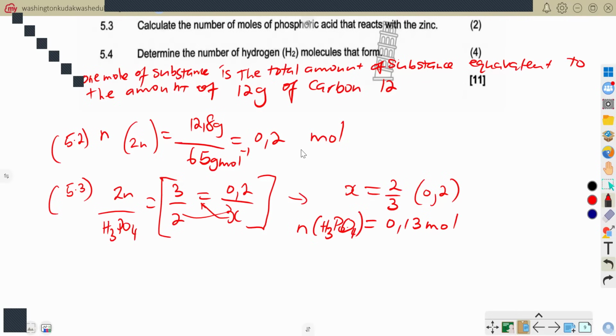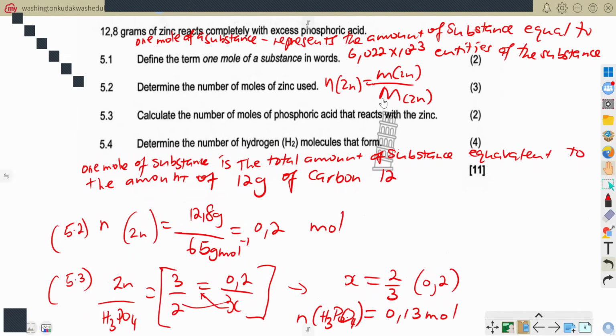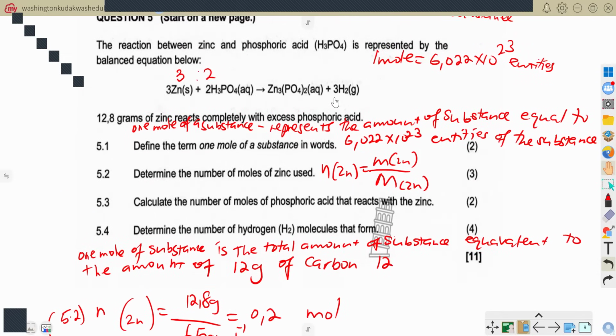Now let's go to question number 5.4. Determine the number of hydrogen molecules that form. Now we are looking for the number of hydrogen molecules that form. These are the entities of hydrogen. Also to find that, we need to determine the molar ratio from this balanced equation.